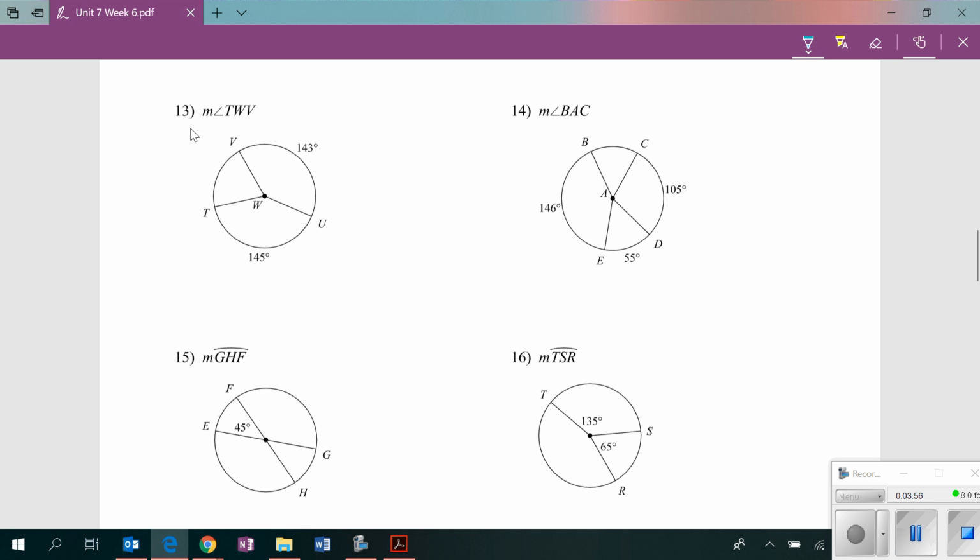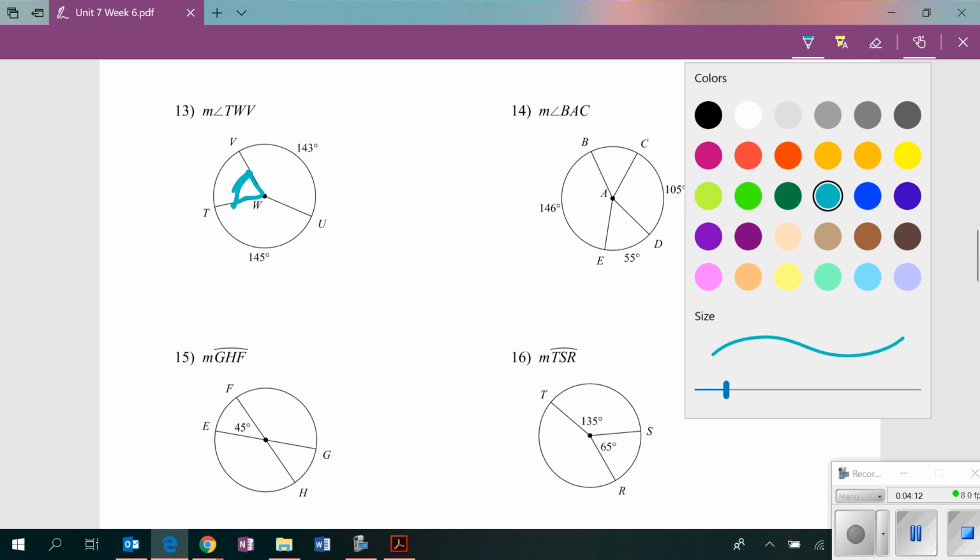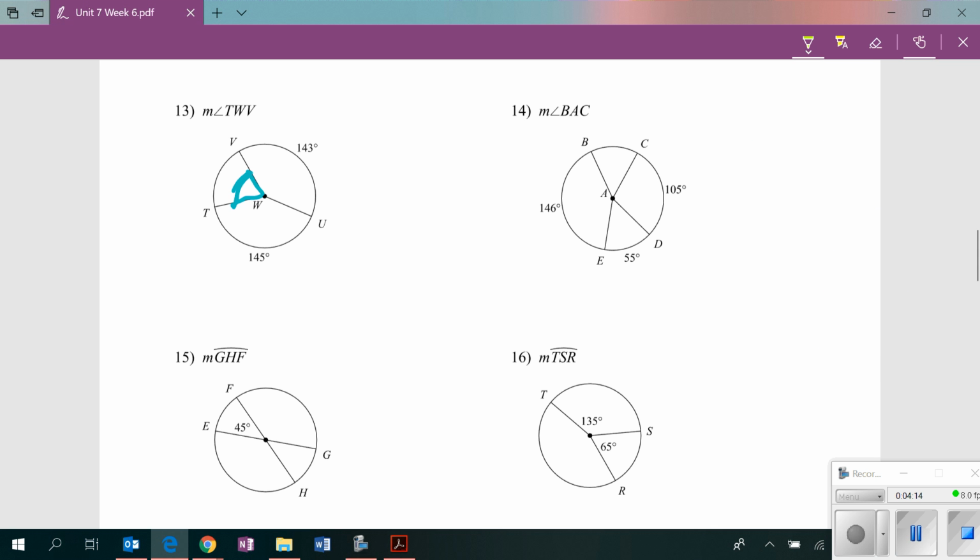Let's look at number 13 where I see measure of TWV. So here I need to do a little bit more math. Now it doesn't note whether I'm looking for this angle, the minor, or I'm looking for the major angle. So we're going to go ahead and solve for both. For my major, remembering that that angle is going to be equal to the outer arcs.